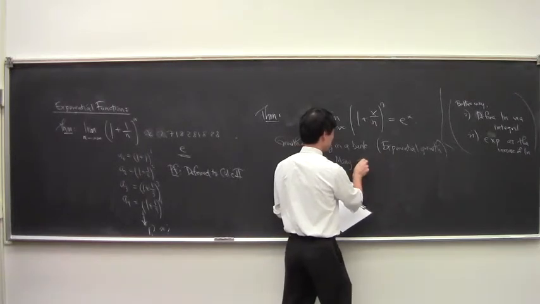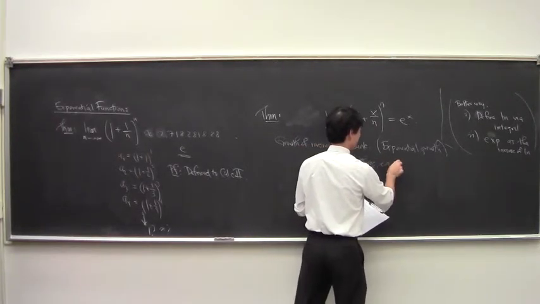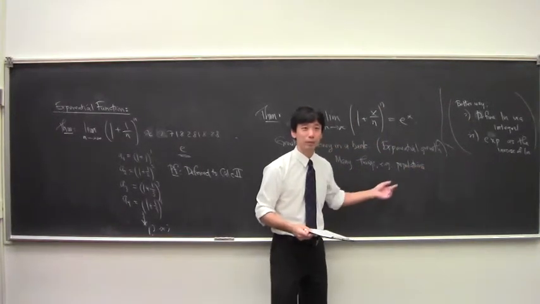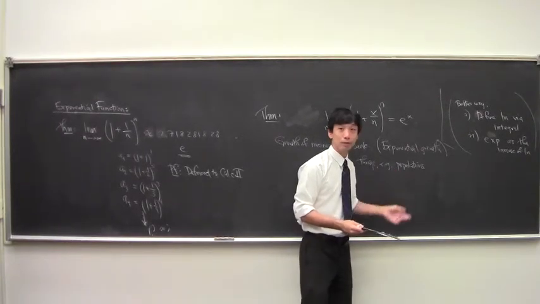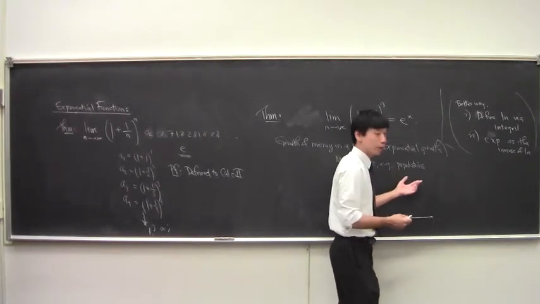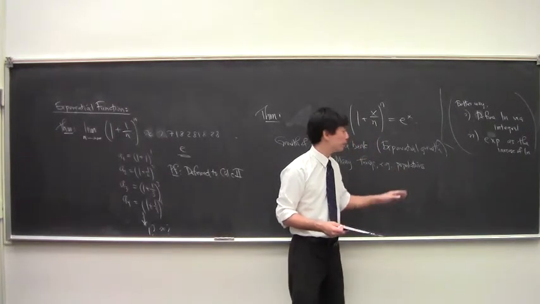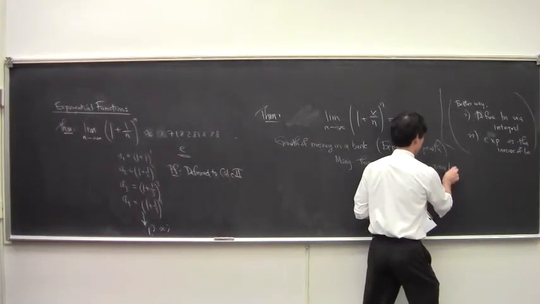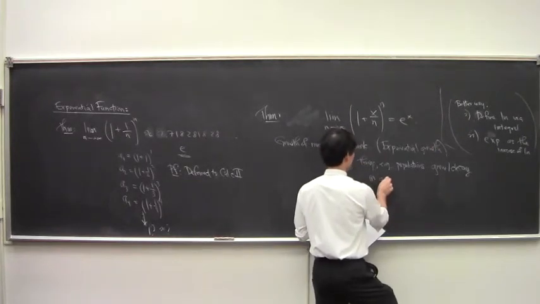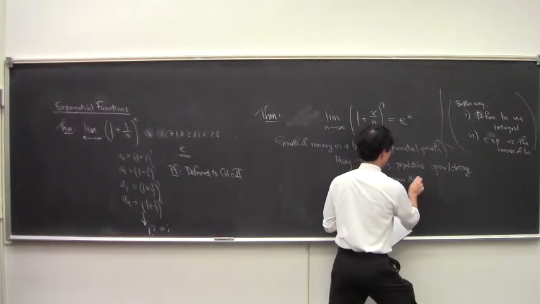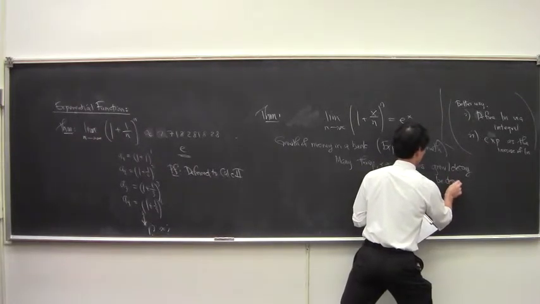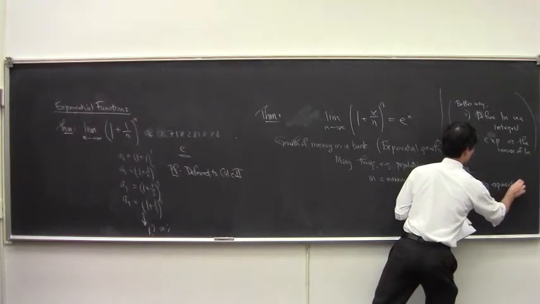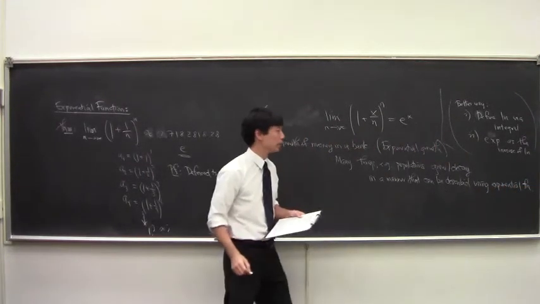For example, populations of animals, of bacteria, or cells either grow or decay in a manner that can be described using the exponential function.